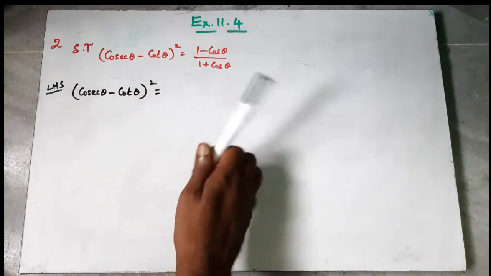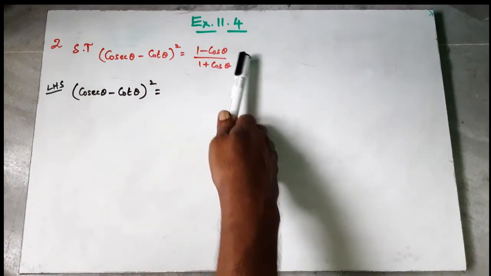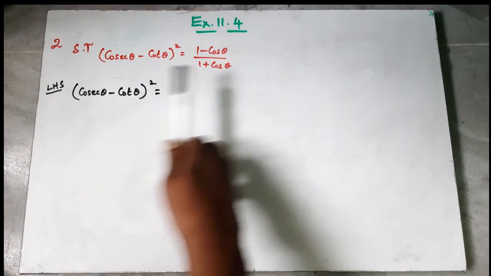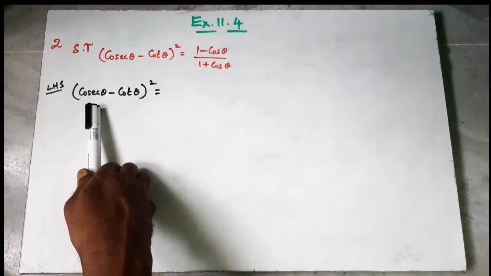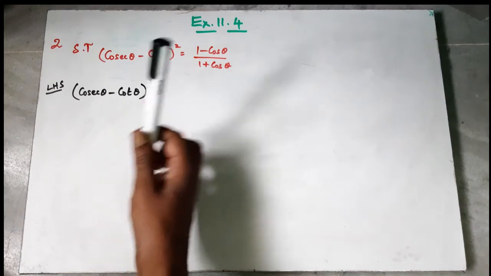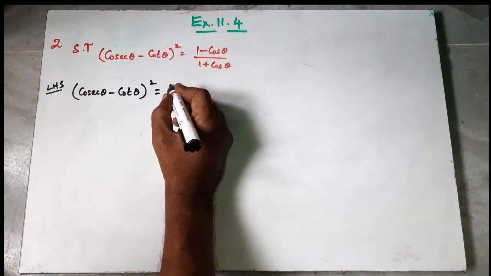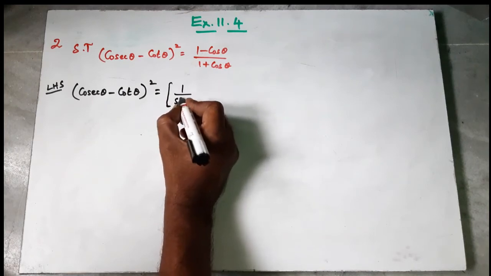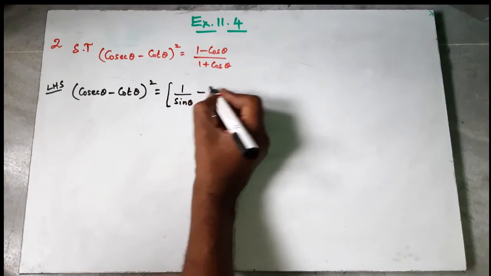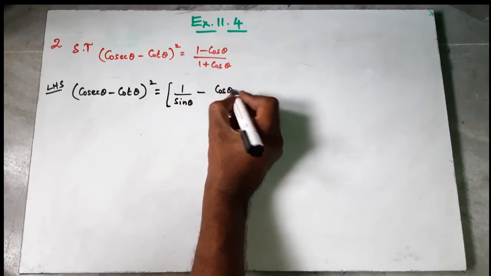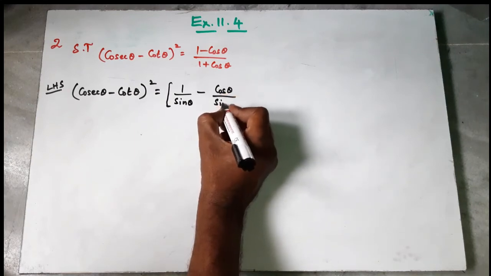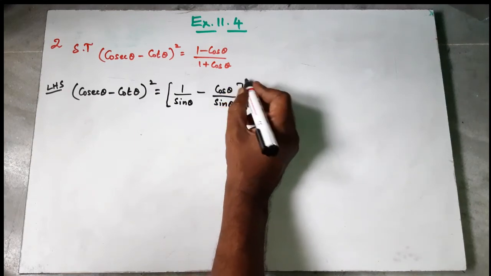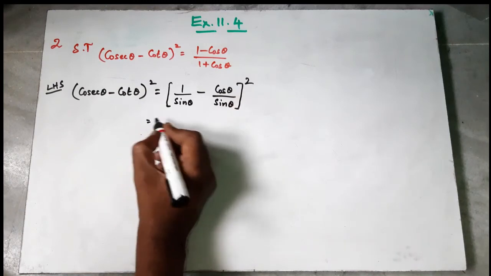If you look at the right side, you have it in terms of cos theta only. So first of all, convert these inverse ratios to actual ratios. Cosec theta can be written as 1 by sin theta, cot theta can be written as cos theta by sin theta, whole square. So here what is the LCM?